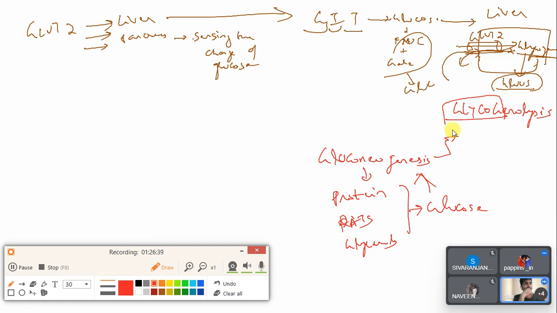Last thing is kidneys. Kidney is a site where gluconeogenesis occurs.